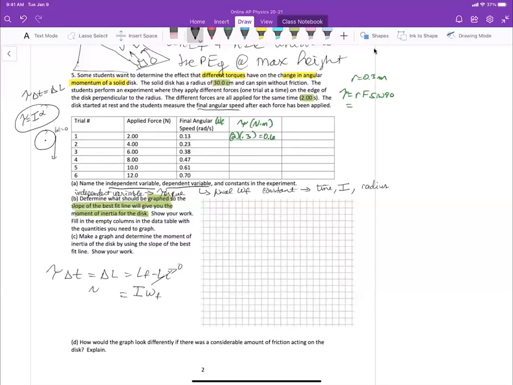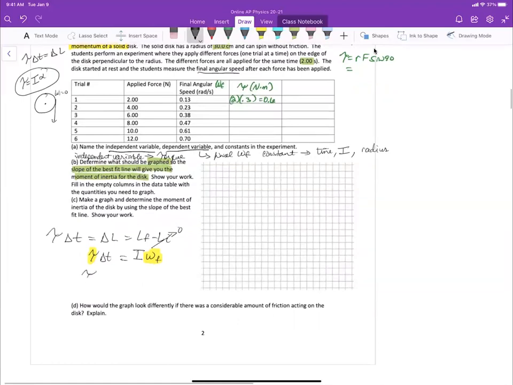And on the left-hand side, I have torque times time. I want my two variables on the left side, so I have my torque and my final angular speed. So I have torque over angular speed equals I over delta t.